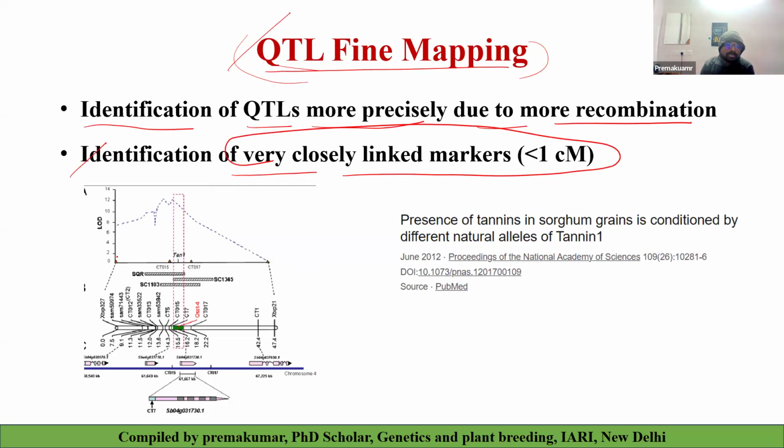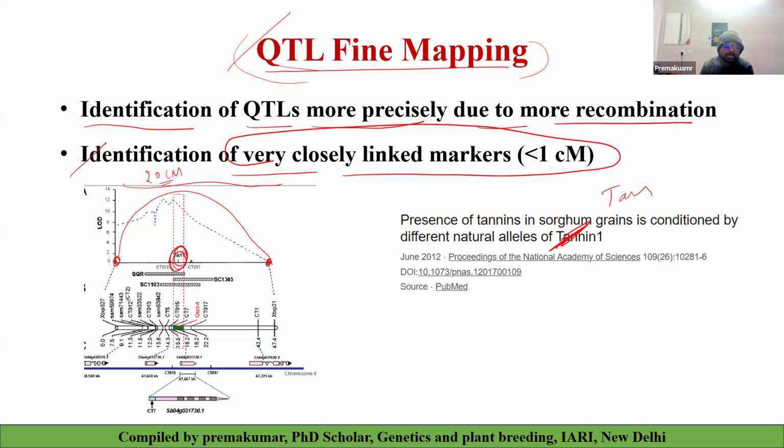For example, if you take from this region to this region, you are getting one large QTL. It is nearly a 20 centimorgan distance. But your gene is present in this region only. The gene responsible for your trait, in this case the gene for tannin concentration in sorghum, is in this region.